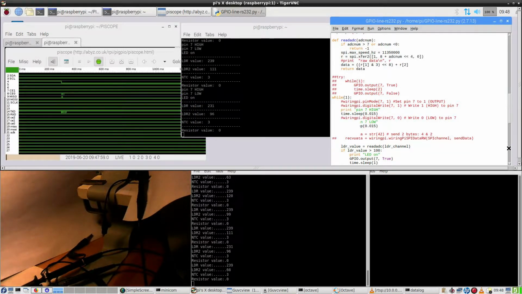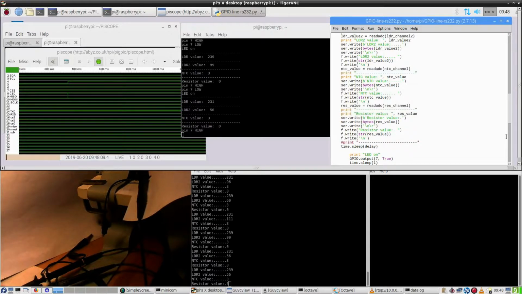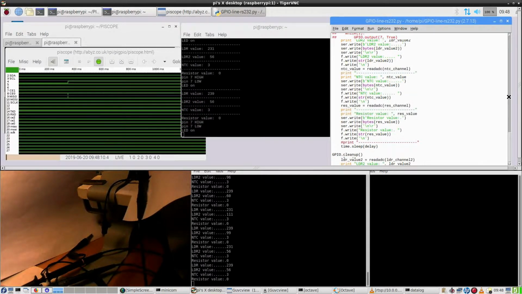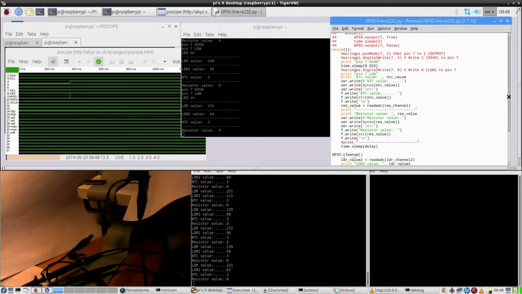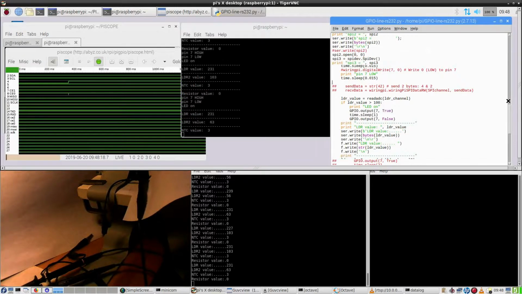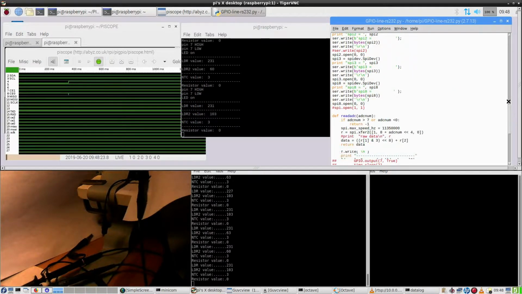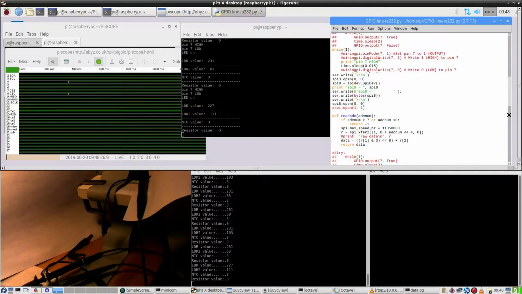And here you can see that the Raspberry Pi 1 is a slow board. Because what are you sending over? Well, LDR, LDR2 and NTC.